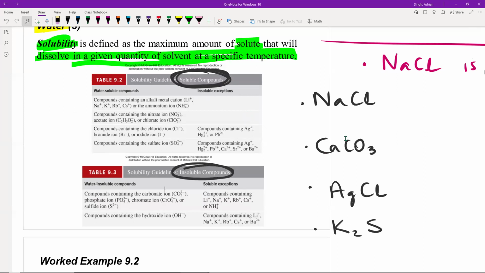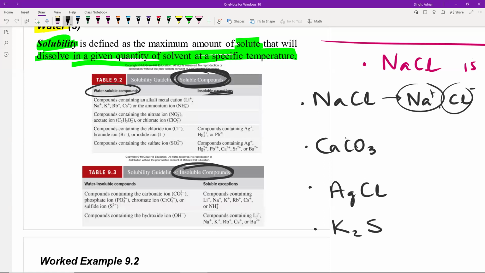So the first thing that we need to do is to figure out what ions are present in your ionic compound. So the ions present here are Na+ and Cl-. And we're just going to look for these in our table. So let's see. First rule here. Compounds containing an alkali metal cation, lithium, sodium, potassium, rubidium, cesium, or ammonium, these are always water soluble, no exceptions.